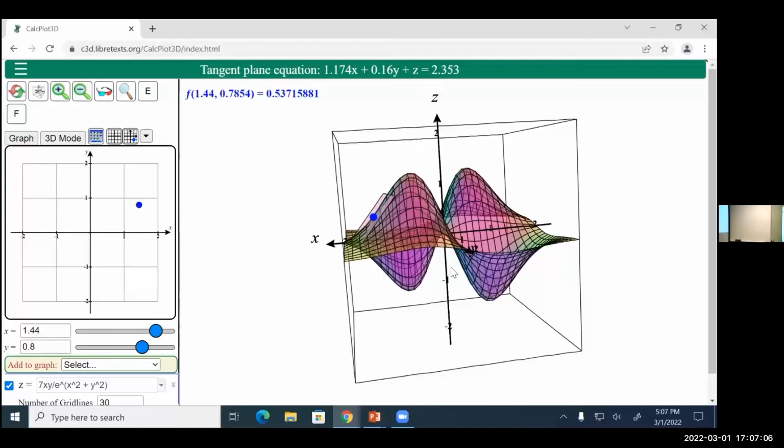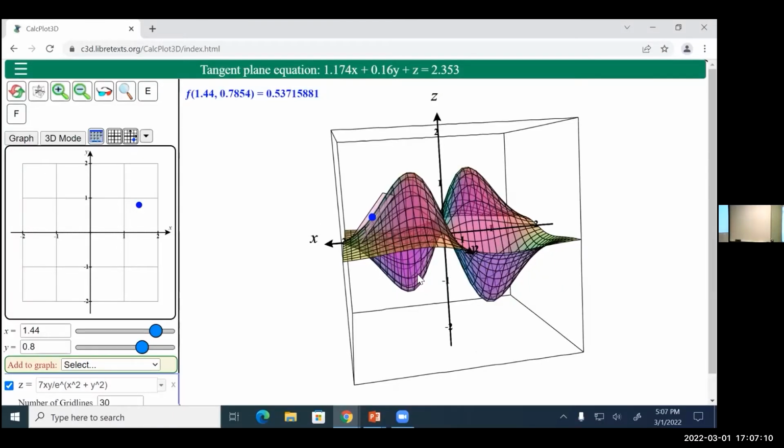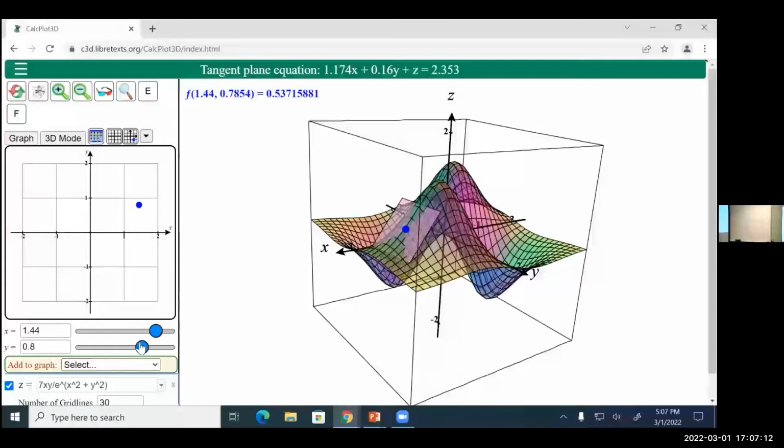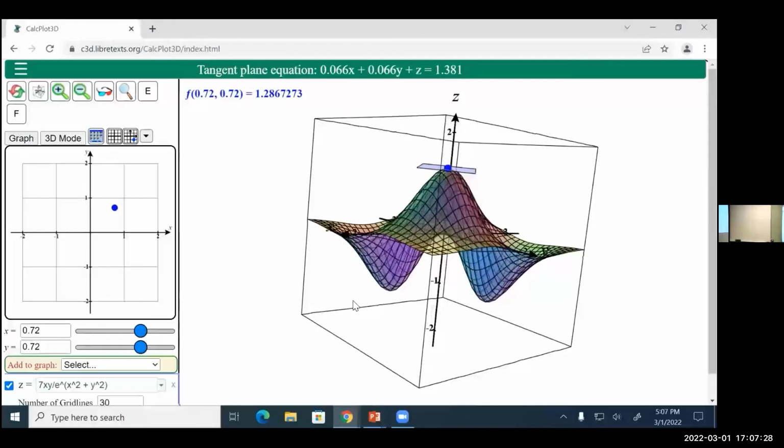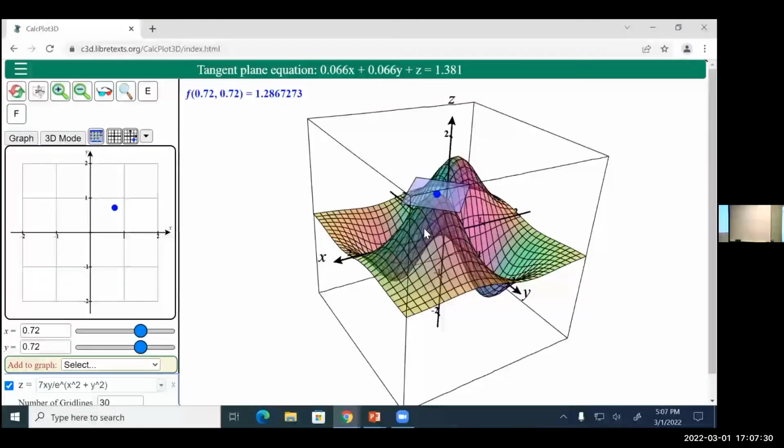It's okay that the tangent plane goes through the curve. It just needs to be tangent at that point. I can move it around and it'll move that tangent plane around. Like we were talking about last time, if we get up here at the very peak, we get a horizontal tangent plane because both our partials would be 0. But that's what a tangent plane looks like.